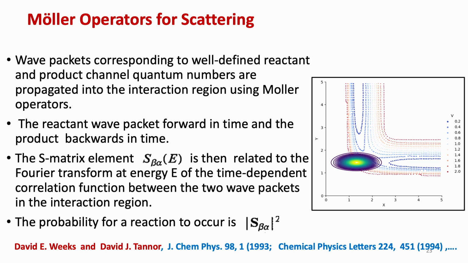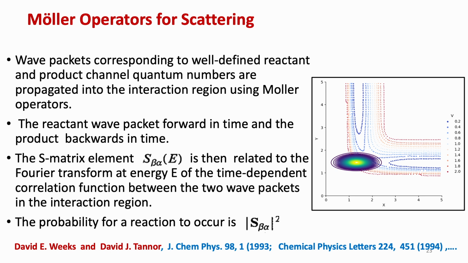And then we'll move forward in time with the reactant to the transition state, backward in time for the product to the reaction center here, which is the transition state, and then calculate the correlation function between the two wave buckets. So this is the formalism done 40 years ago in quantum calculations, and we thought this is the simplest one to follow up on a quantum computer.